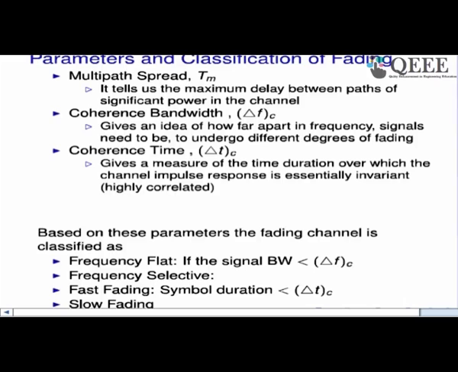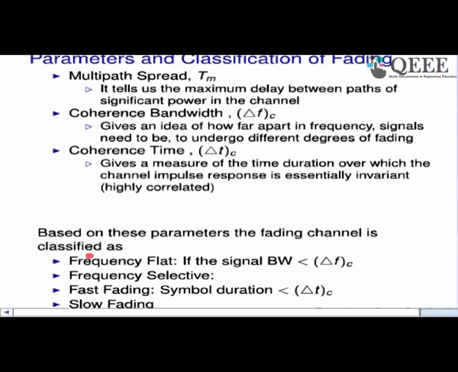In contrast, if the symbol duration is large, then multiple different symbols will go through different attenuations, so each symbol will see a different fade. That's why you have the classification of fast fading and slow fading.